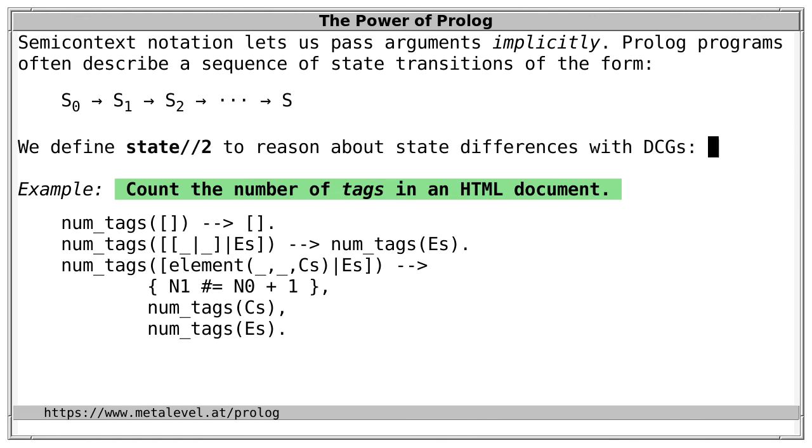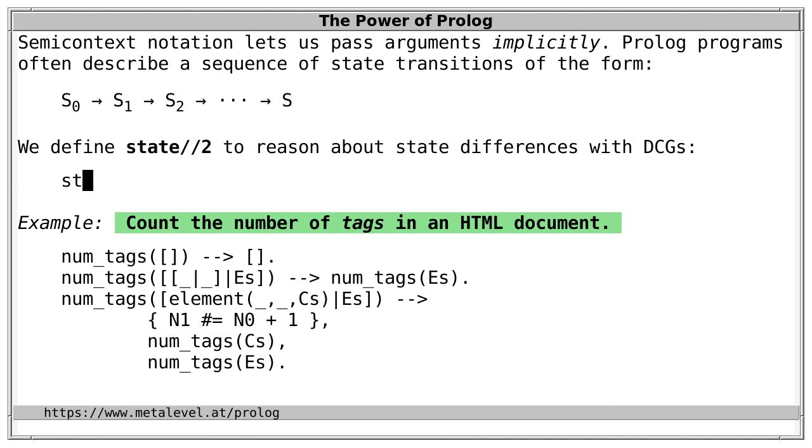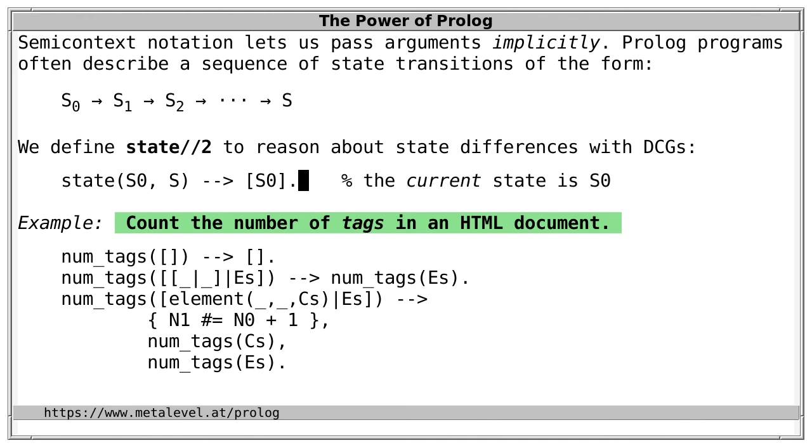So let's define a non-terminal state with 2 arguments to reason about state differences within grammar rules. We say state holds for its arguments s0 and s if, and now we describe a sequence, and the sequence shall start with s0. So we use the terminal s0 to say the current state is s0.